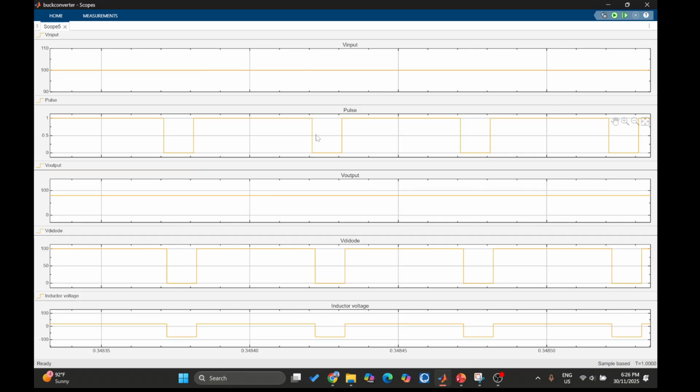The second waveform is the PWM pulse. The PWM signal shows a clean 50%.